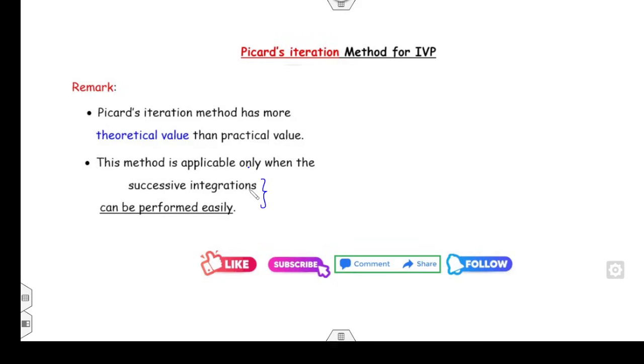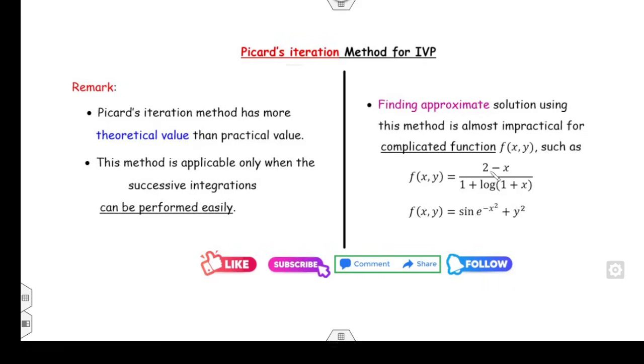But we all know if you have functions such as 2 to the power minus x or log sine of e raised to the power minus x square and so on, then it is very difficult for us to find the integration of the function f of x. In that case, Picard's method is not an easy way to find the solutions.